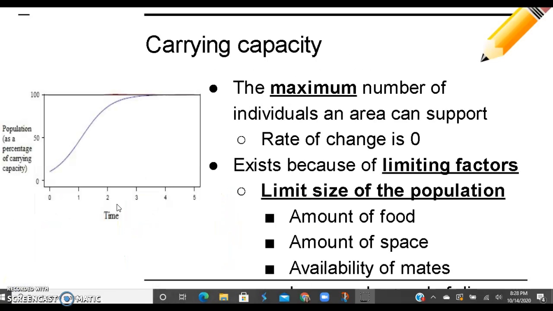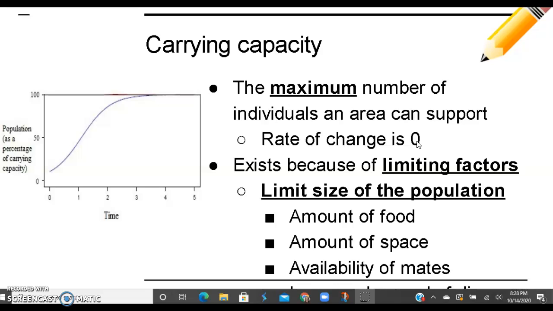The last thing I want to talk about is carrying capacity. Carrying capacity is the maximum number of individuals an area can support. This is where the rate of change, or the rate of growth, is 0. That means the number of births equals the number of deaths, and the number of immigrants equals the number of emigrants.